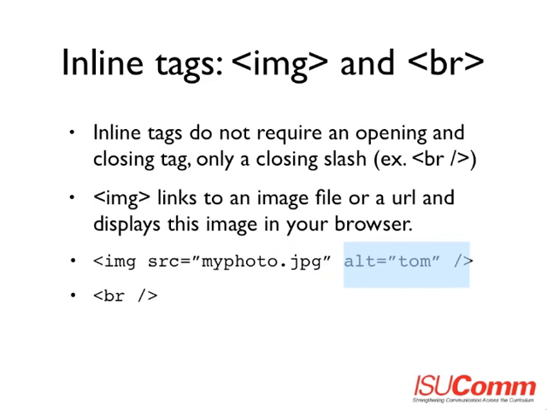The other thing on here is we have an alt tag. So it says alt equals Tom. If we think about the rhetorical situation of all kinds of users using a website, this is an accessibility option that's built into HTML.